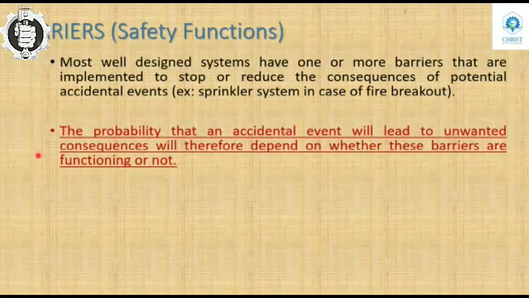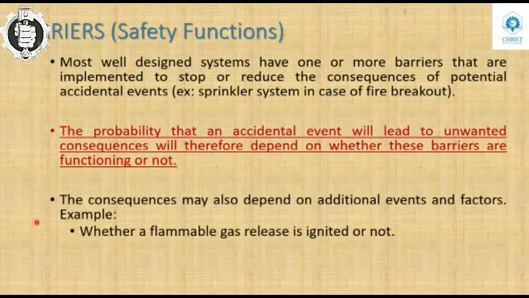The probability that an accidental event will lead to unwanted consequences will therefore depend on whether these barriers are functioning or not. The unwanted consequence, like a large fire, depends on whether these sprinklers are working or not. The consequences may also depend on additional events and factors, like whether a flammable gas release is ignited or not.